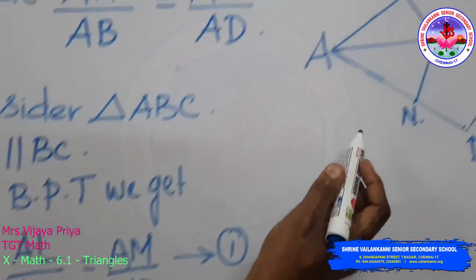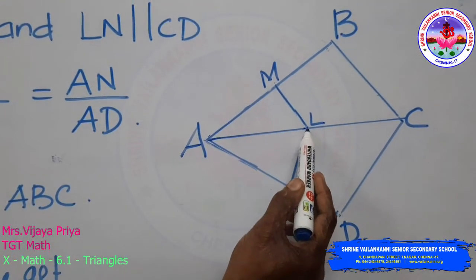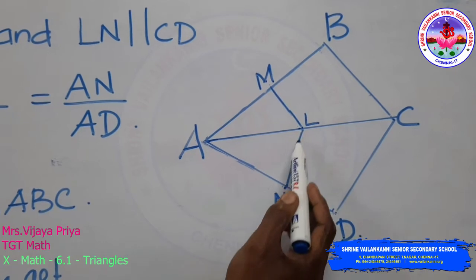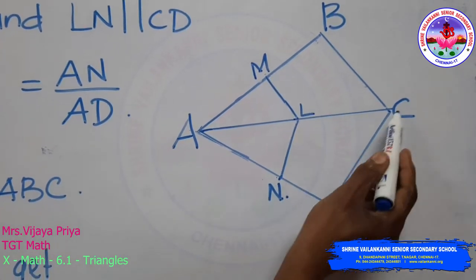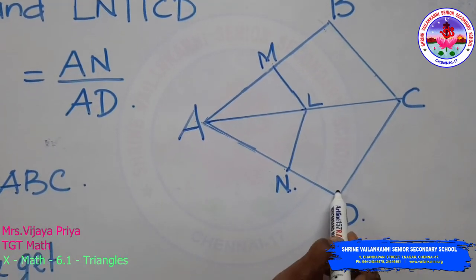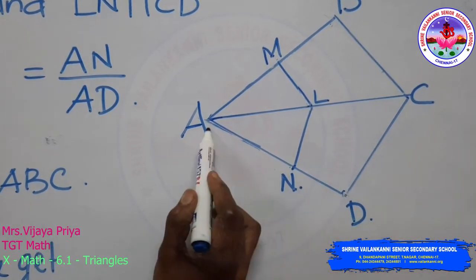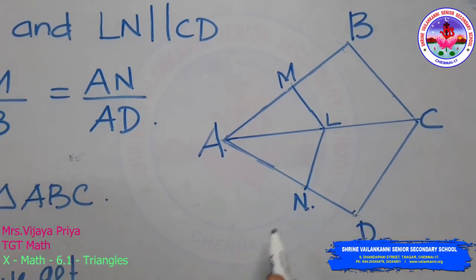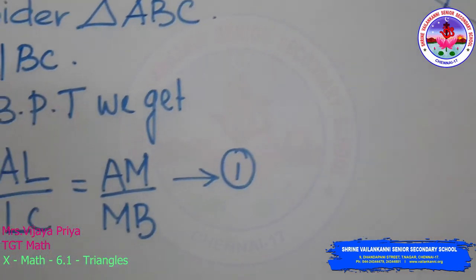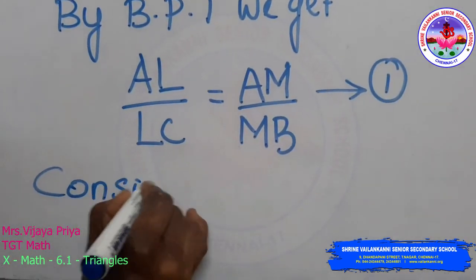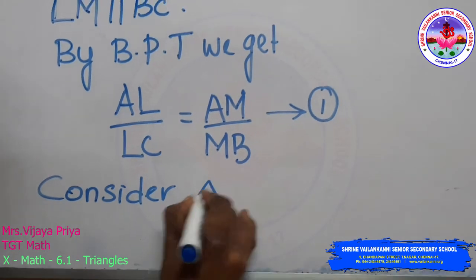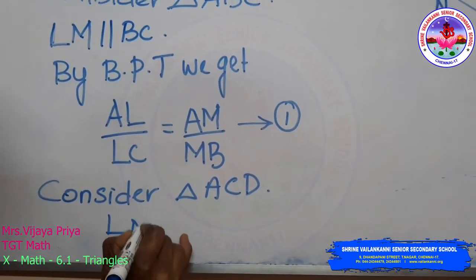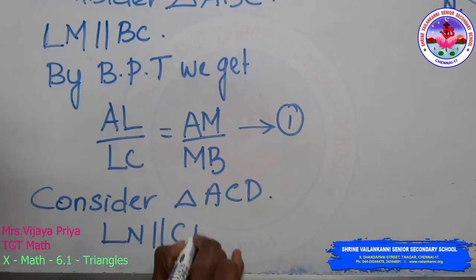Now coming to the figure, we see that LN is present in the triangle ACD, and it is given in the problem that LN is parallel to CD. So I am taking this triangle ACD. I am going to use the basic proportionality theorem now. Coming to the second case, consider triangle ACD where my LN is parallel to CD.